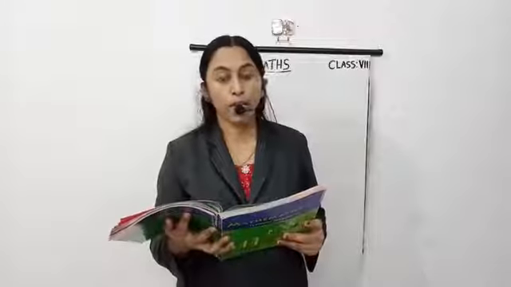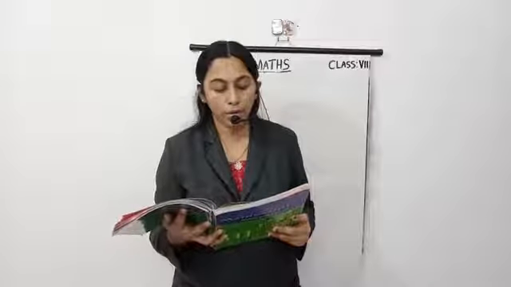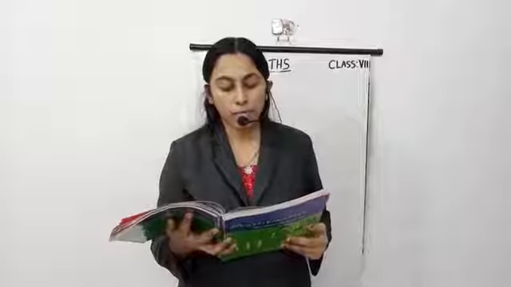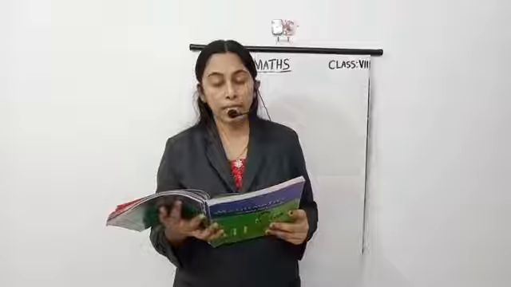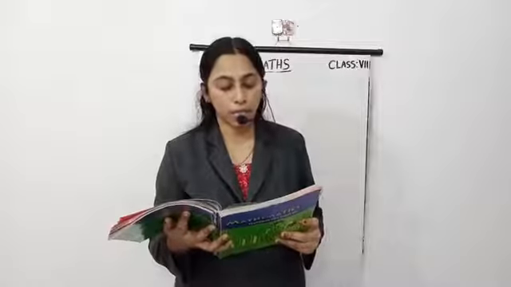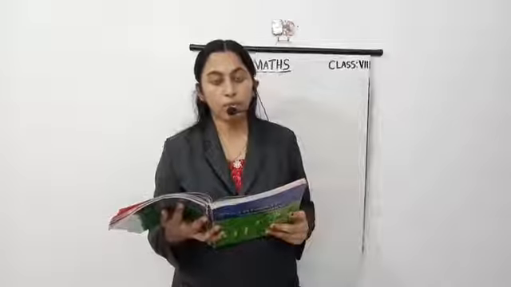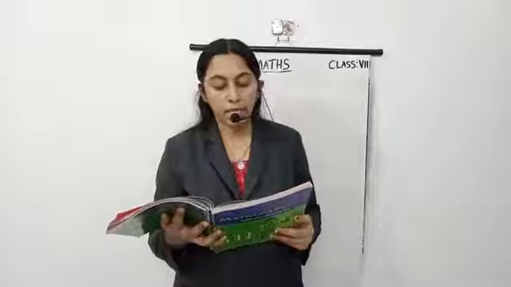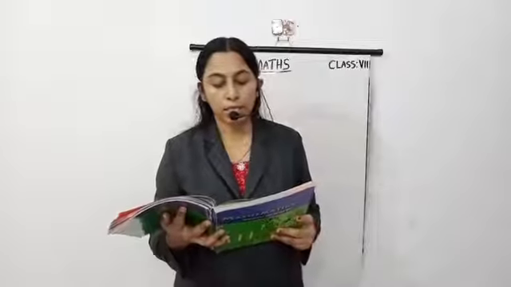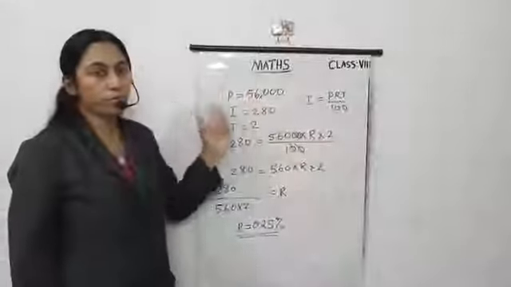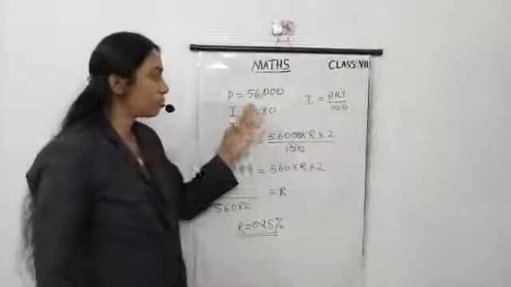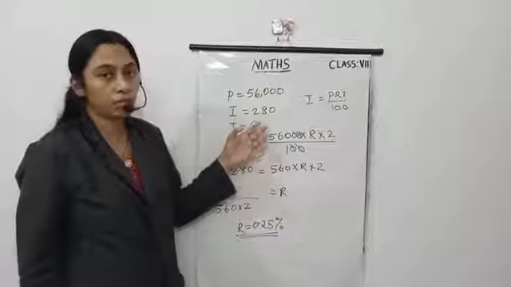Now question 10. What rate gives rupees 280 as interest on a sum of rupees 56,000 in 2 years? Here we need to find the rate of interest. So principal amount 56,000, interest 280, time period 2 years.